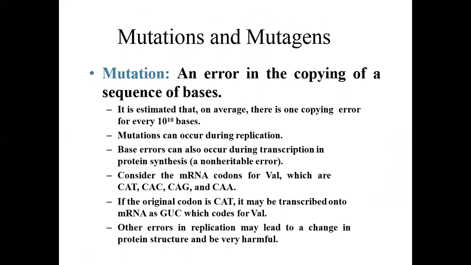This is an error in copying a sequence of bases. It can occur during DNA replication, during transcription, as well as during translation. And due to this type of mutation, a different base or different amino acid can be inserted, and the whole sequence will be changed.